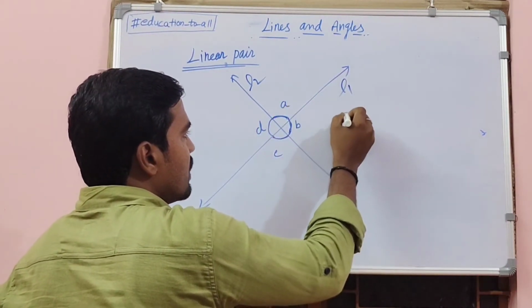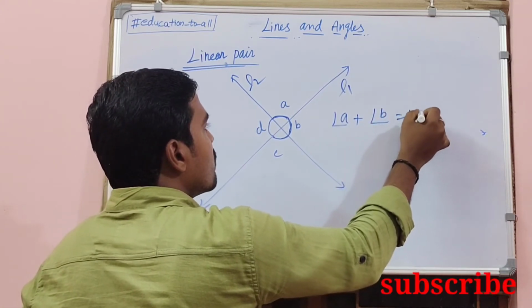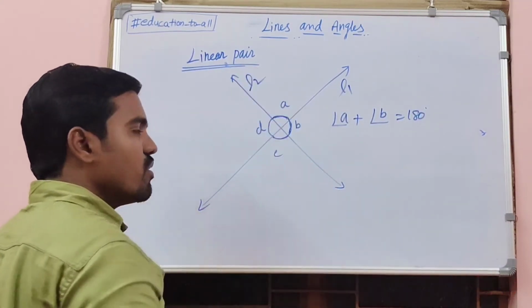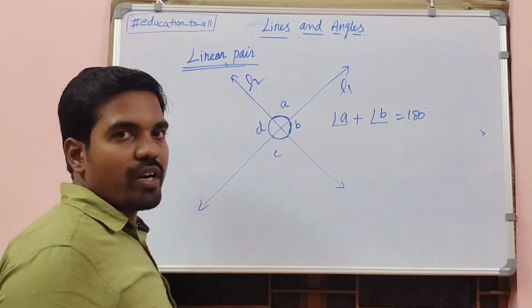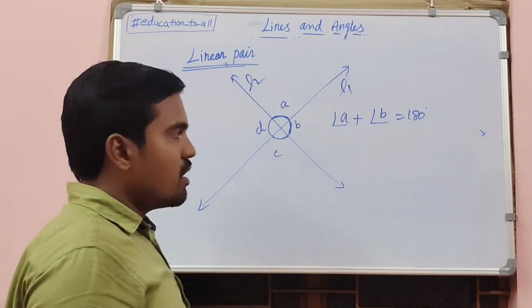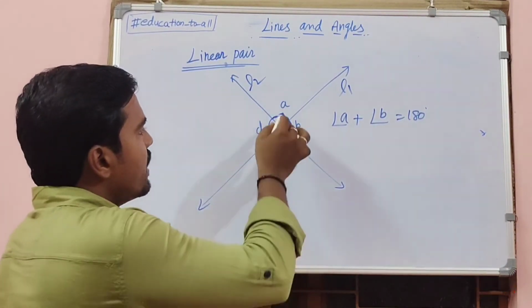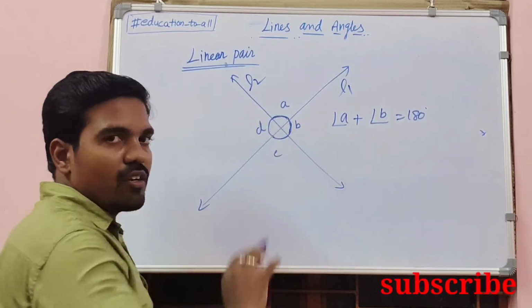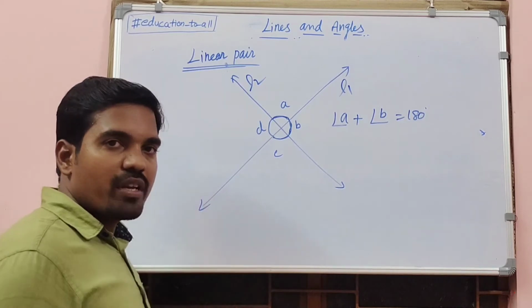So clearly angle A plus angle B equals 180 degrees because L2 is a straight line. D plus C equals 180 degrees because L1 is a straight line. A plus B is 180 degrees because L2 is a straight line. In a straight line we have observed that the angles form 180 degrees.